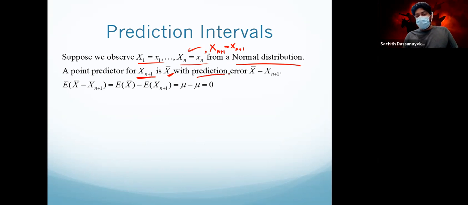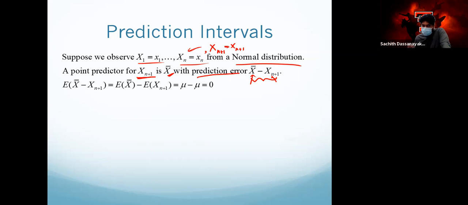There may be a prediction error. We can find the prediction error using the difference between the predictor and the actual value, right? This is the predictor, this is the actual value. So this difference gives us the prediction error.